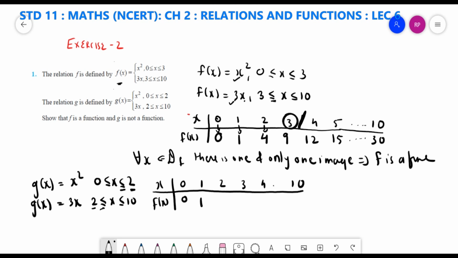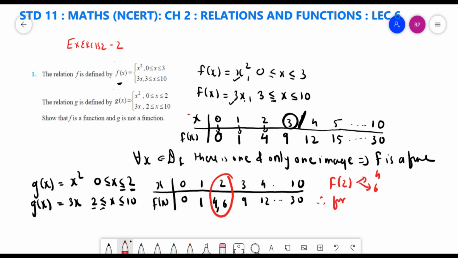If I use this, it's 2 square 4. When I use this, then 3 2s are 6. Then 3 3s are 9, 4 3s are 12, up to 30. Now if I take this case, g(2) is having two values, 4 and 6.